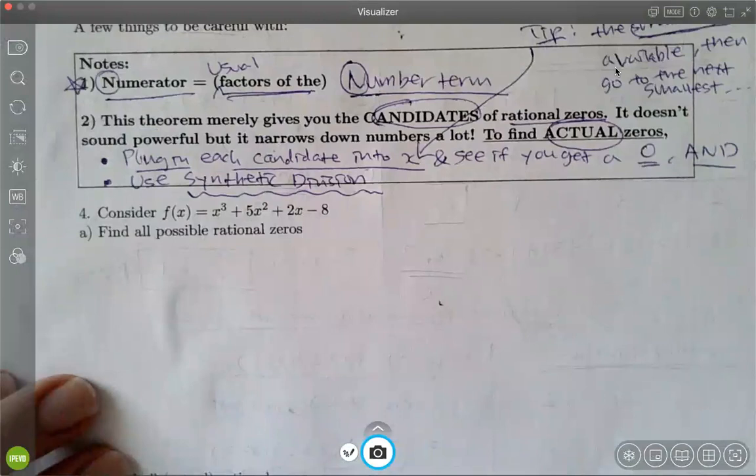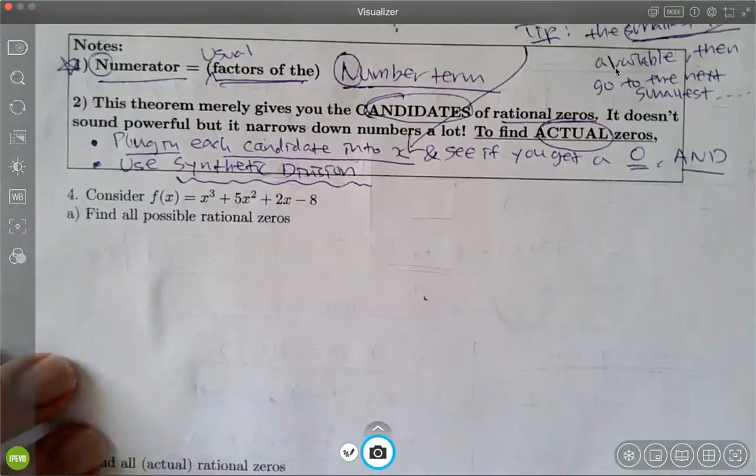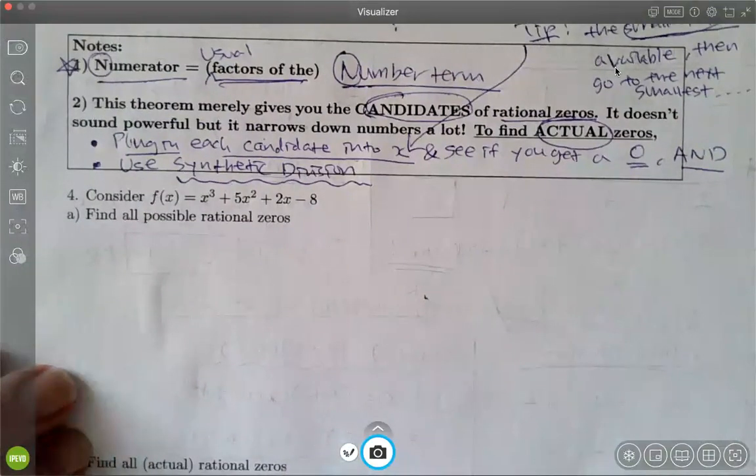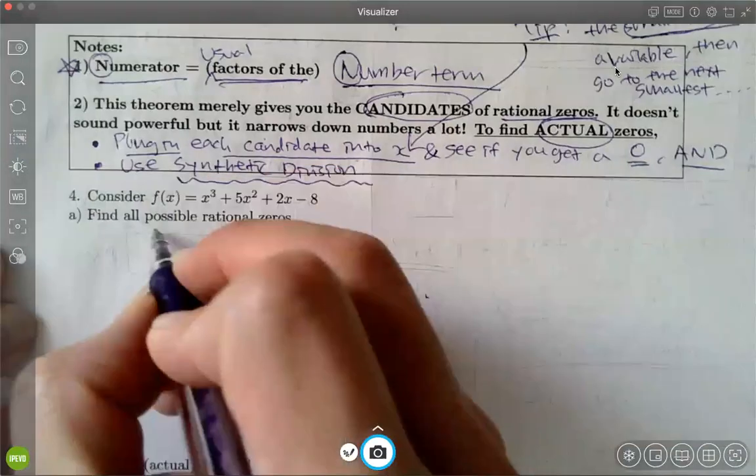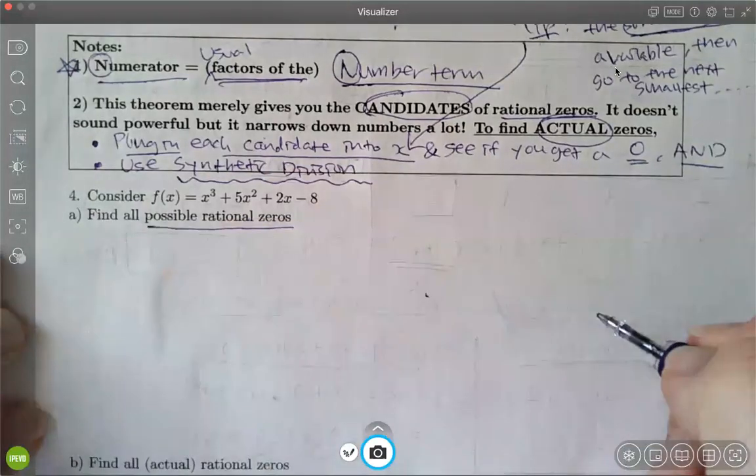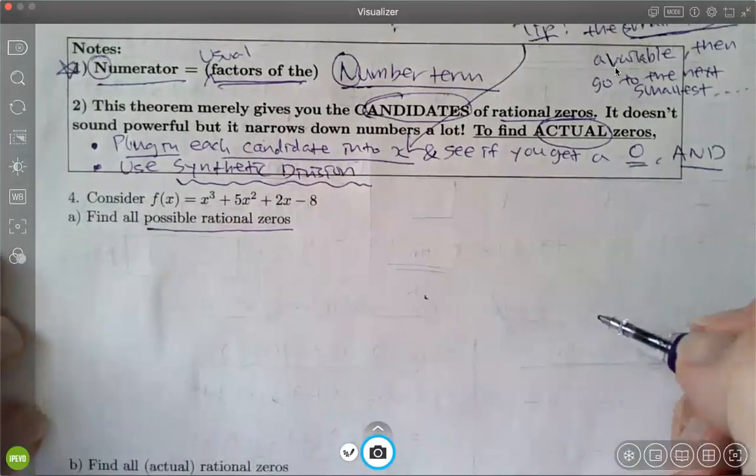Let's look at these following two problems. f of x is x cubed plus 5x squared plus 2x minus 8. Part A, find all possible rational zeros. Again, what's the key part? Possible rational zeros, right? That means the rational zero theorem.